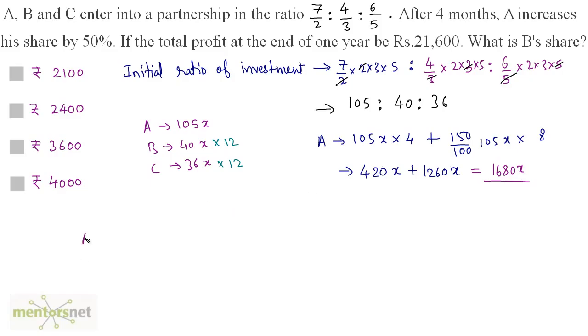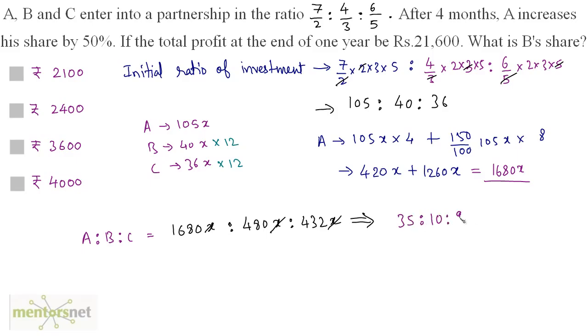So A is to B is to C is equal to A's share 1680x, is to B's share, 12 times 40 is 480x, is to 12 times 36 is 432x.